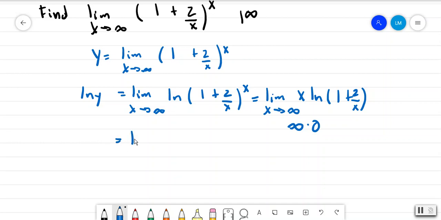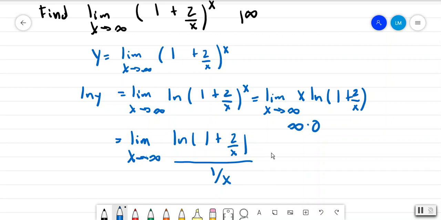So we have the limit as x approaches infinity of the natural log of 1 plus 2 over x, all divided by 1 over x. Now notice that this is still just going to give us 0 over 0, because that's ln of 1, and that's just going to 0. So that's still an indeterminate form.